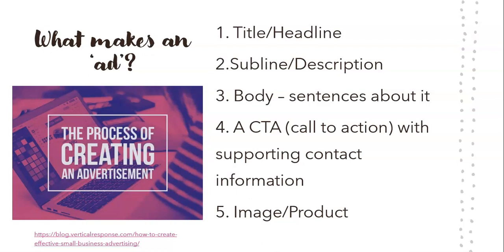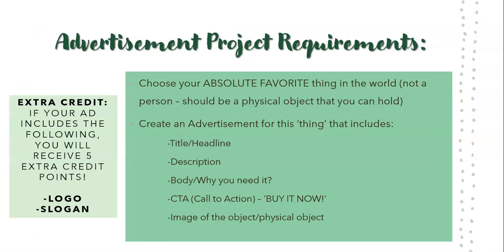Maybe it's the history about it or something like that. 4 is a call to action or a CTA with supporting contact information. So saying buy it now and you'll get 50% off is a call to action. And lastly, we want to see your actual image of the product, so make sure you have that as well. And those are going to be your requirements.